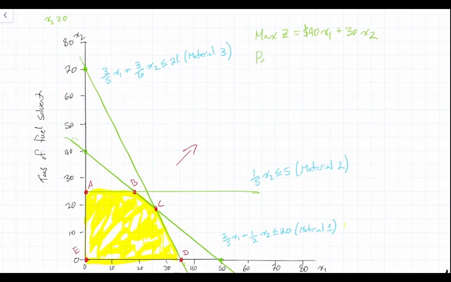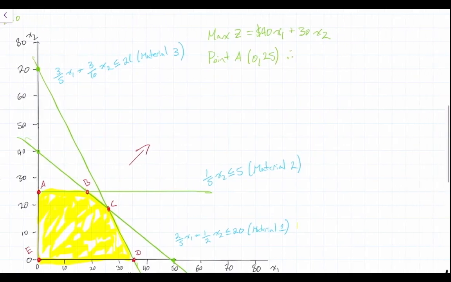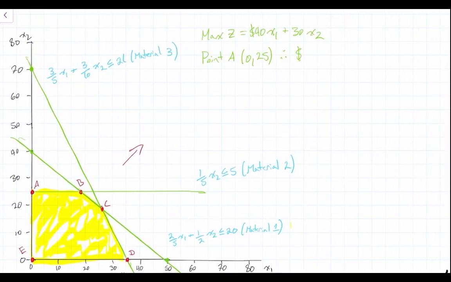So when we put this into our objective function, we get 40 times 0 plus 30 times 25, which gives us $750. That's the profit that we can expect to earn at point A.